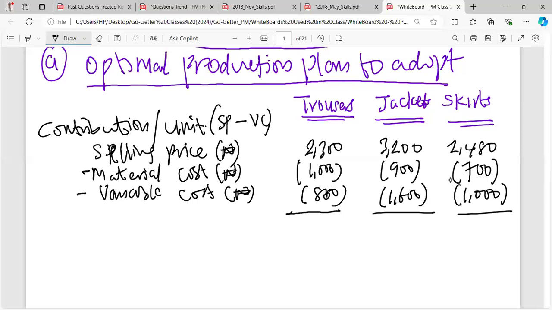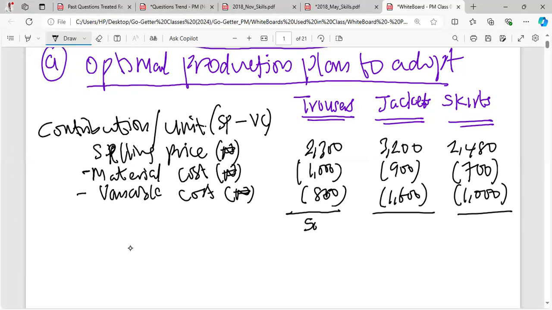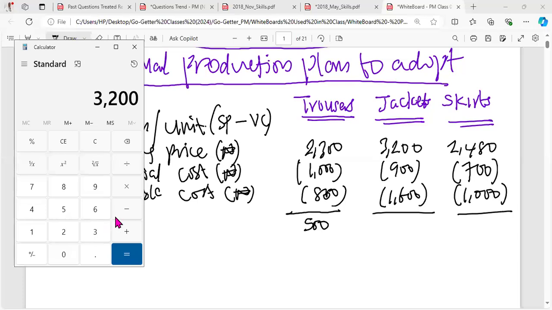Okay, so we'll now bring our calculator here. 2,300 minus 1,000 minus 800. That gives me 500. So I'll write 500. Then the next calculation: 3,200 minus 900 minus 1,600. And that gives me 700.